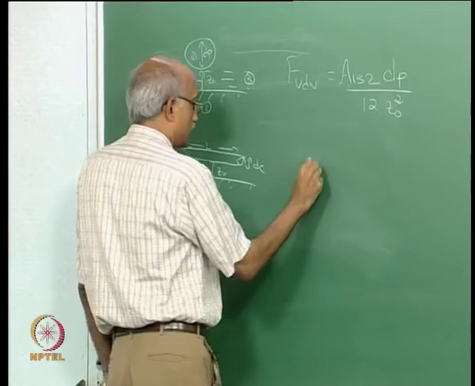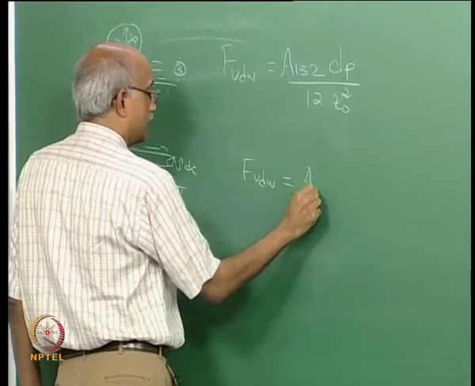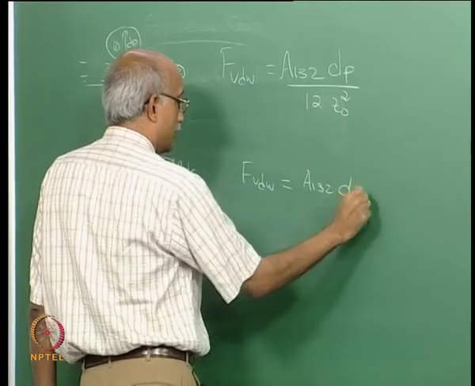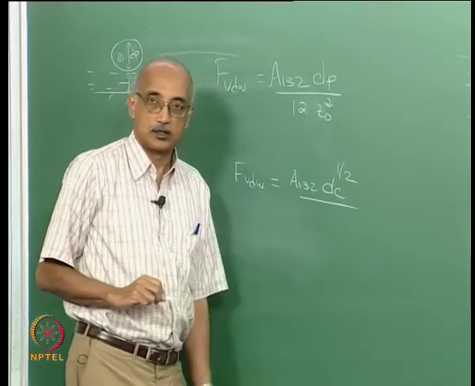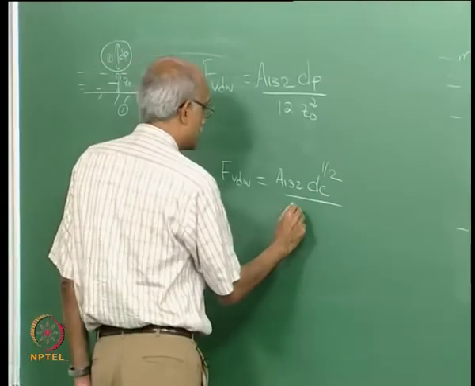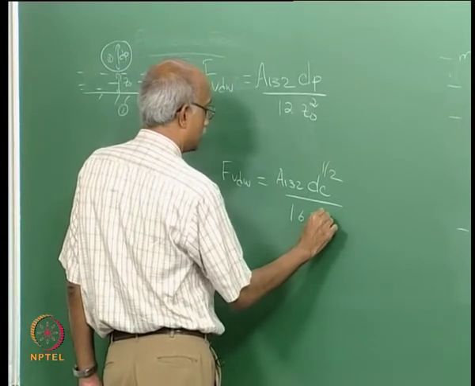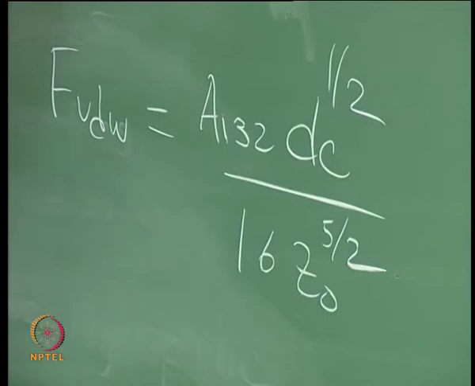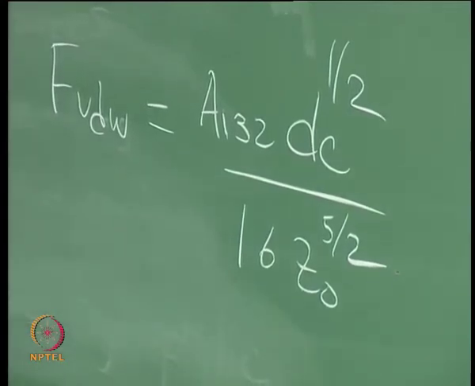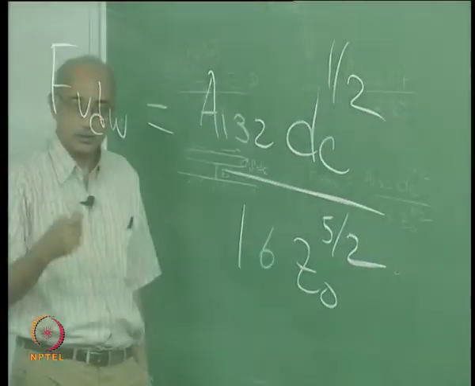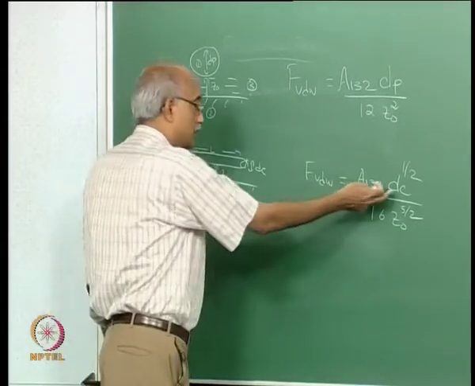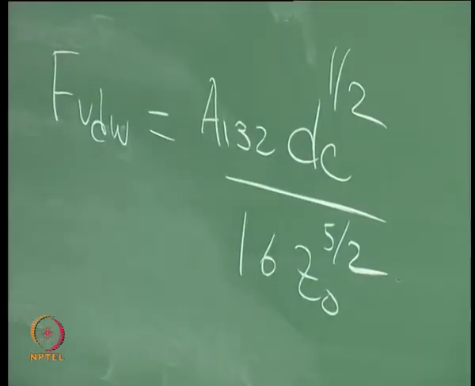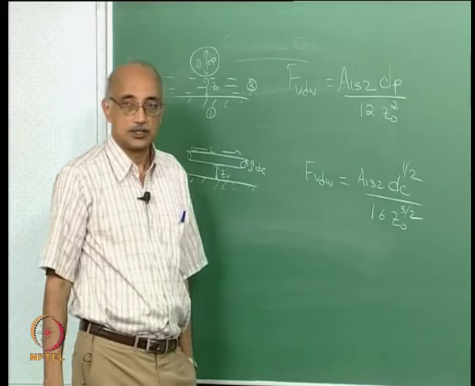In this case, the van der Waals force is given by again A132, but now there is a square root dependence on the diameter of the cylinder divided by 16 times z0 to the power 5 by 2. So, just by changing the shape of the particle from sphere to cylinder, you change not only the magnitude of the adhesion force, you actually change the qualitative nature. For example, even the dependence on diameter is different, as is the distance dependence, the distance between the object and the surface.